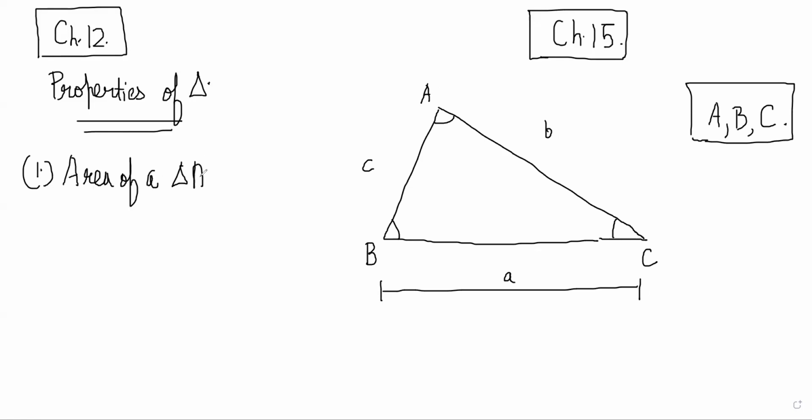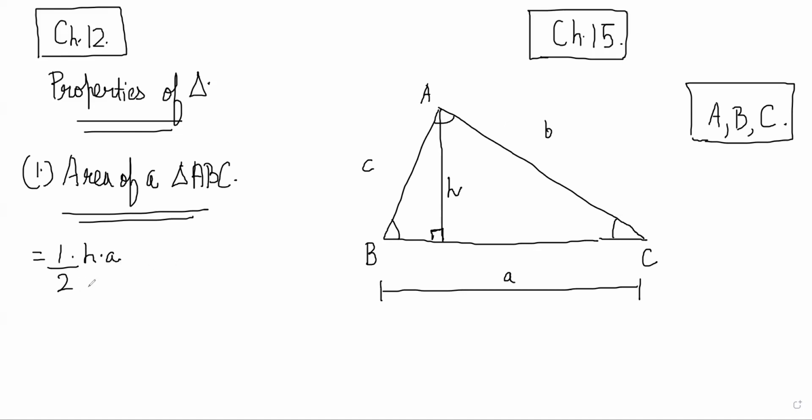Area of a triangle ABC in general. You already know that area of a triangle is half base into height. Now we have Heron's formula too, but first we will do half base into height. So area of the triangle can be written as half into h into a.